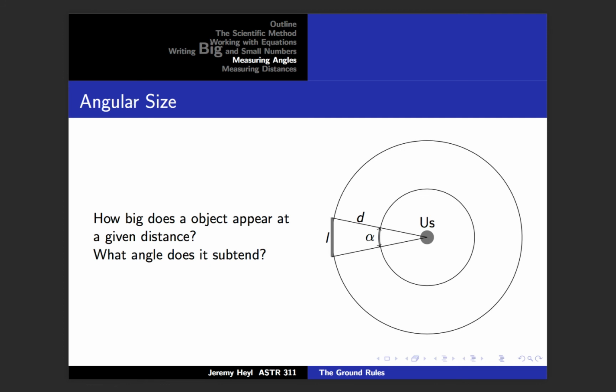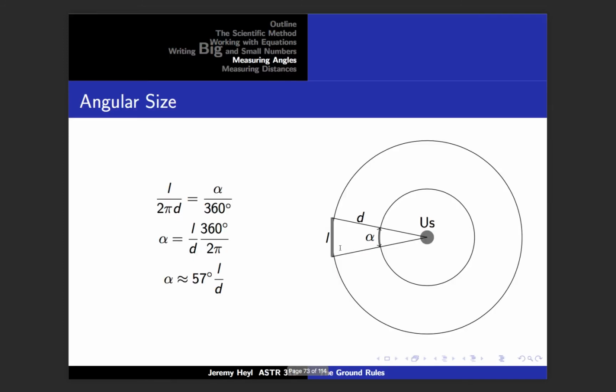And the fraction of the circle that represents the angle, this fraction of this circle on the inside, is the same as this compared to the big circle on the outside. So this fraction and this fraction are the same.